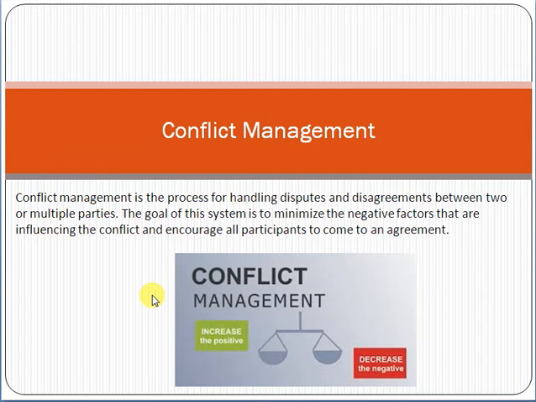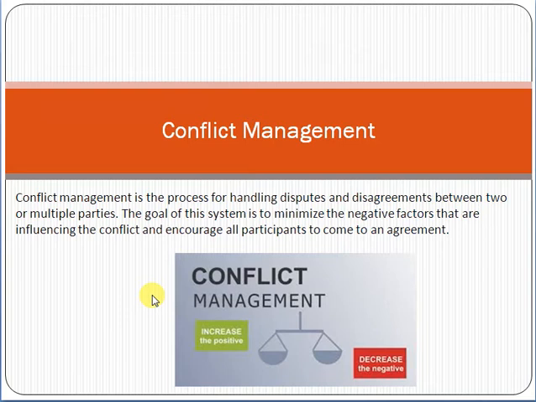So friend, as a project manager, remember that first of all you have to behave like a leader. Then you have to behave like a neutral person, you should not be biased, and you must handle the conflicts among the team. This is very, very important: you must manage the conflicts among the team.